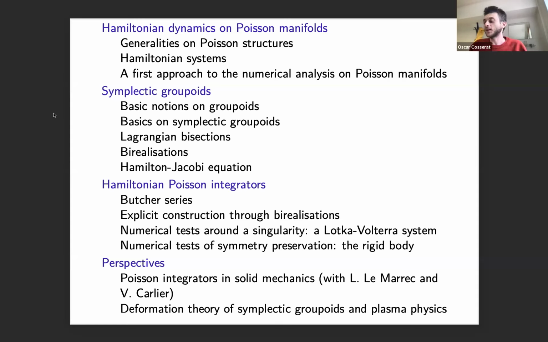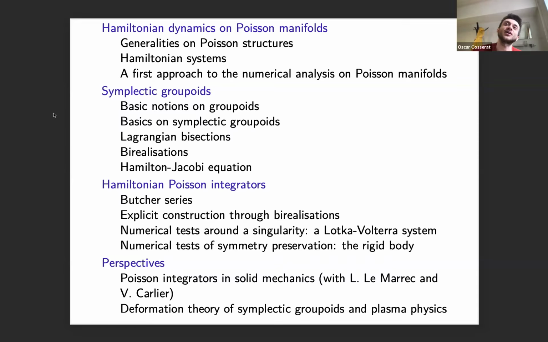So let me sum up what we have seen in the last two lectures. The first lecture was some basic properties of Hamiltonian flows on Poisson manifolds. And the message of the first lecture was that a naive, or traditional, approach to numerical analysis for such vector fields, to integrate such vector fields and to approximate their flow, is not sufficient.